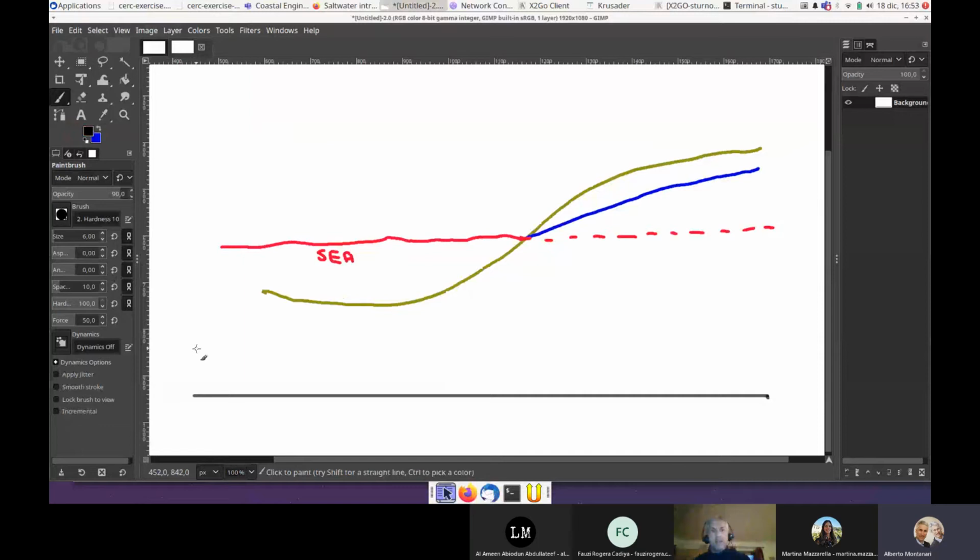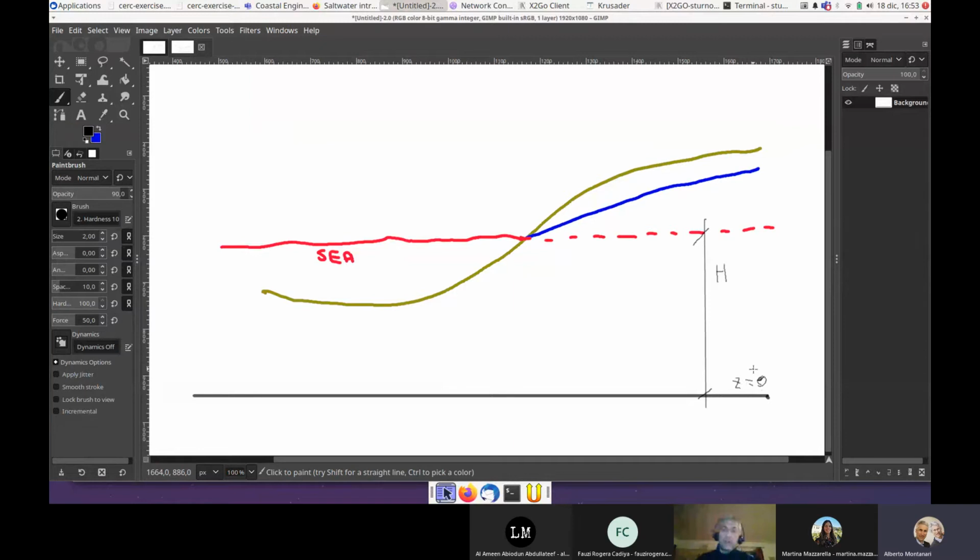Perfect. Now let me decrease the size, otherwise I cannot easily write. Now let me indicate with capital H the height of the sea level with respect to this reference plane. So this is capital H. And this is z equals 0.